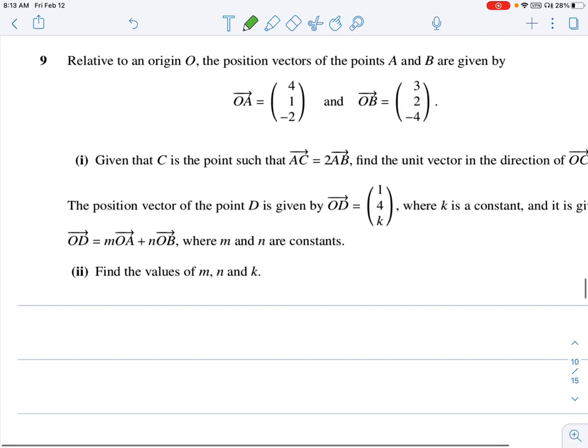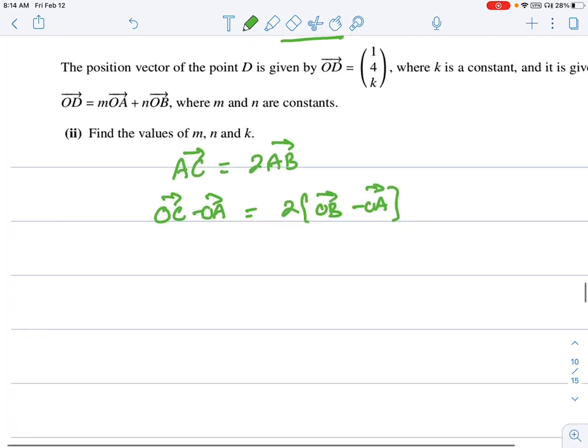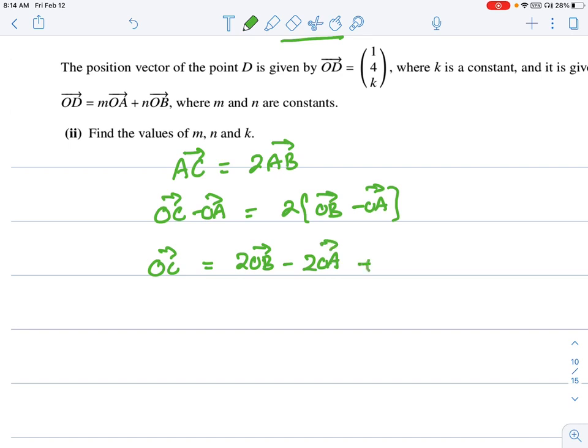Question number 9. He says AC is equal to 2AB. AC means OC minus OA. 2AB, AB means OB minus OA. So OC is equal to 2OB minus 2OA plus OA.